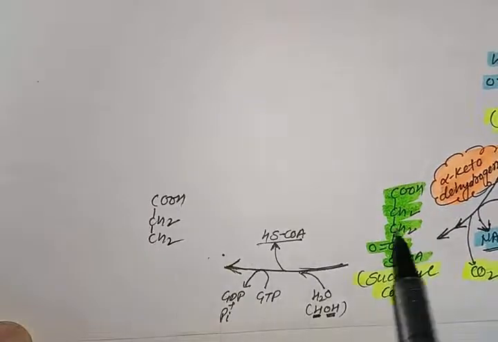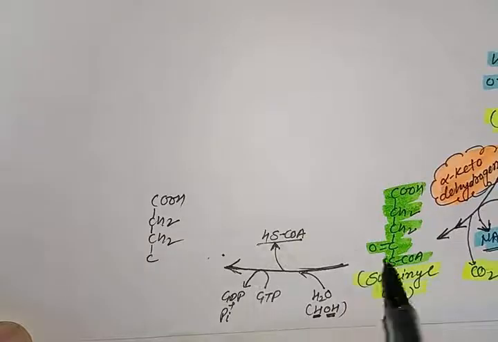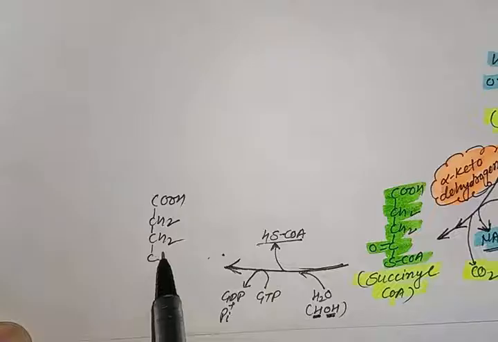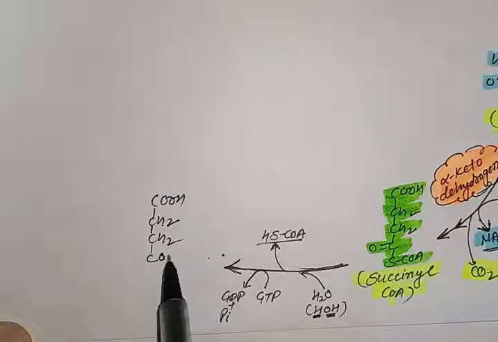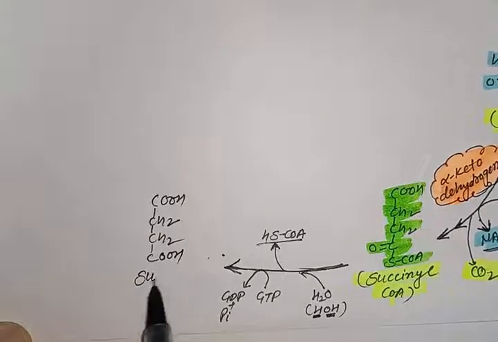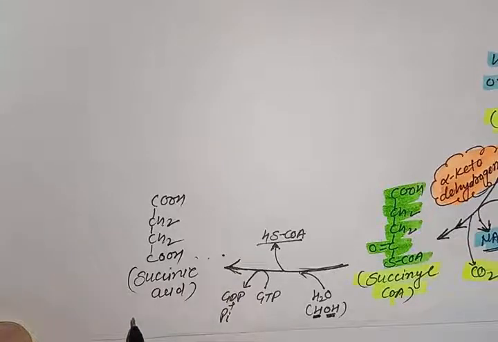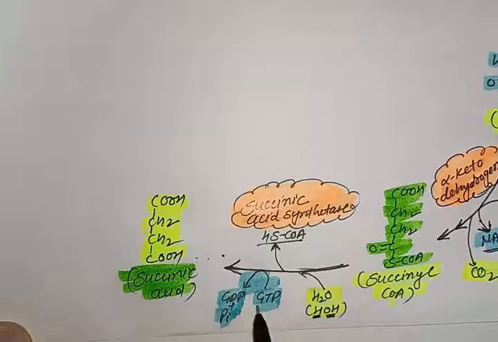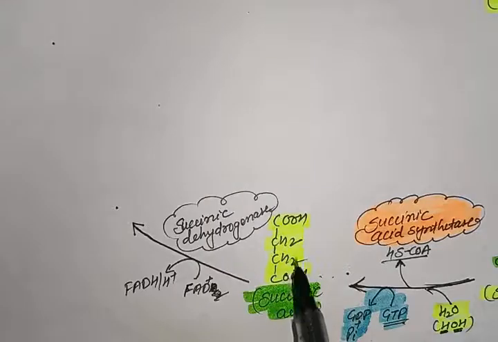This one is CH2. This one is CH2. Here C double bond O and OH. This OH is attached here after removal of this group. This will become COOH. This is our succinic acid. And this step occurs in the presence of succinic acid synthetase. One GTP is converted into GDP in this step.